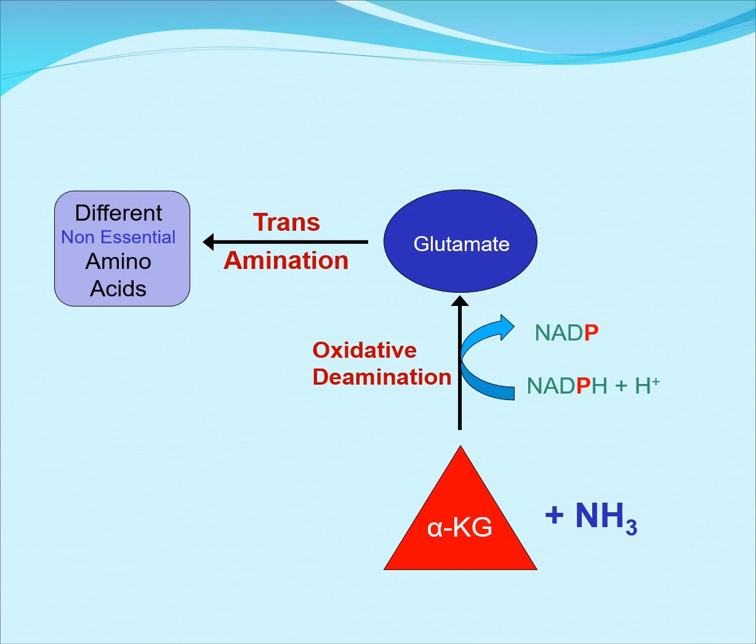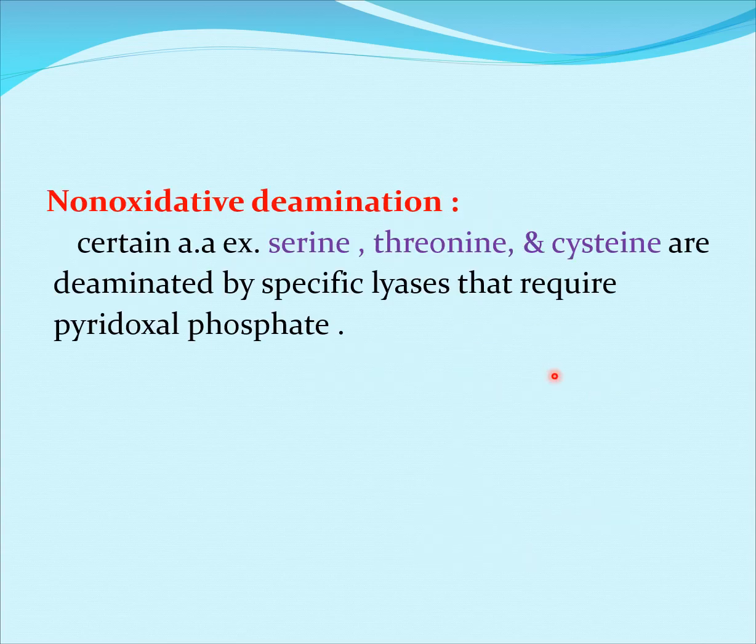So both transamination and oxidative deamination occur as a link, as a common pathway for anabolism of amino acids and for catabolism of amino acids. This is the oxidative deamination. We saw that the oxidative deamination mainly takes place with glutamate. Is there any other oxidative deamination?